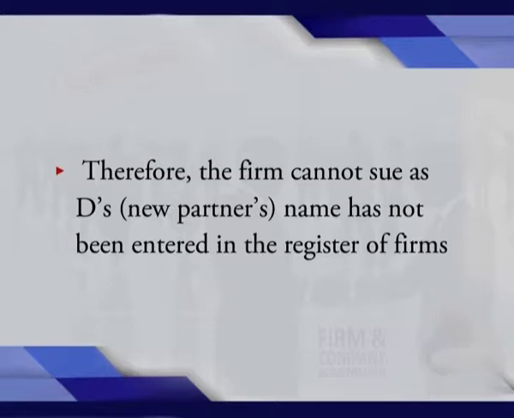Therefore, the firm cannot sue as D, the new partner's name, has not been entered in the register of firms. It was pointed out that in the second requirement, the phrase person suing means persons in the sense of individuals whose names appear in the register as partners and who must be all partners in the firm at the date of the suit.